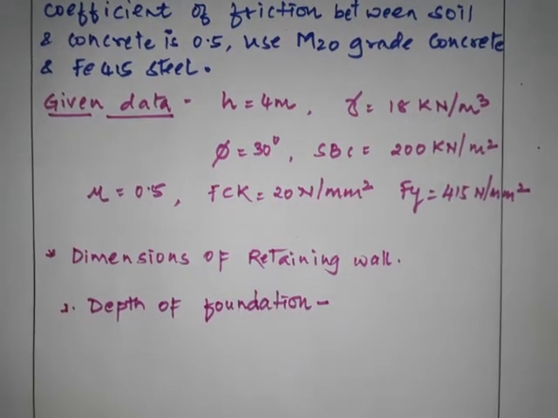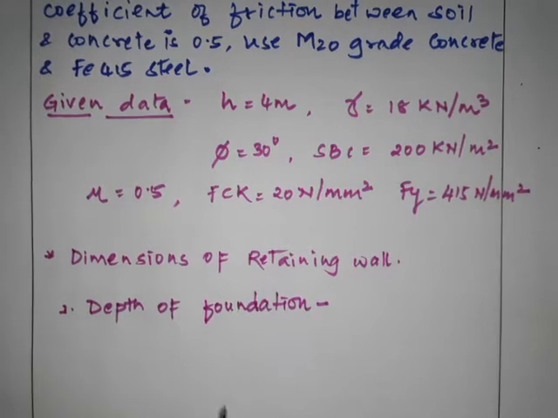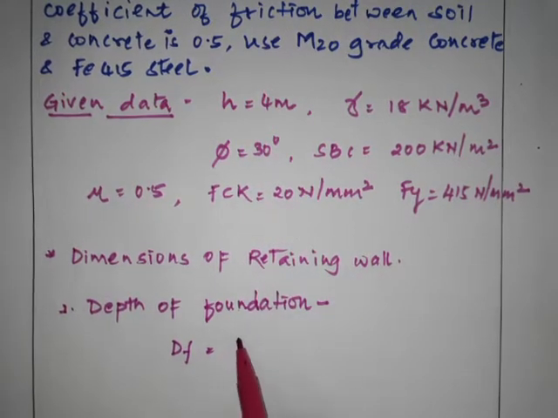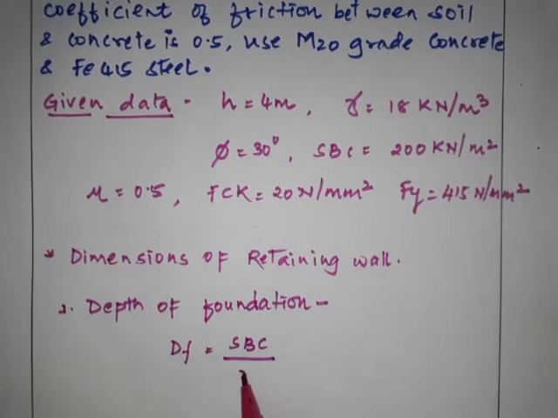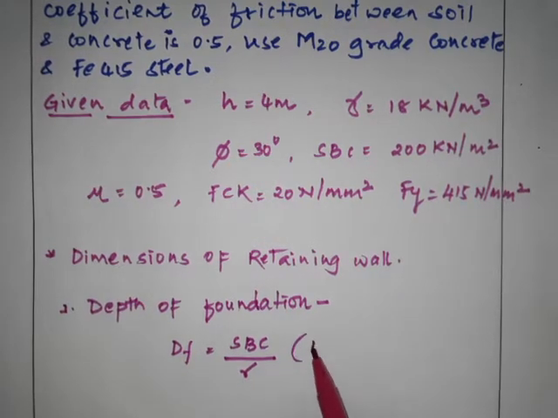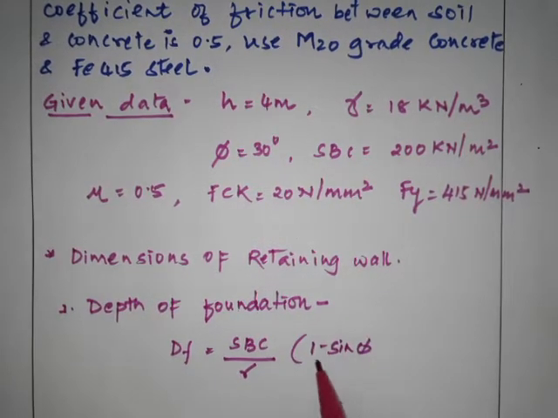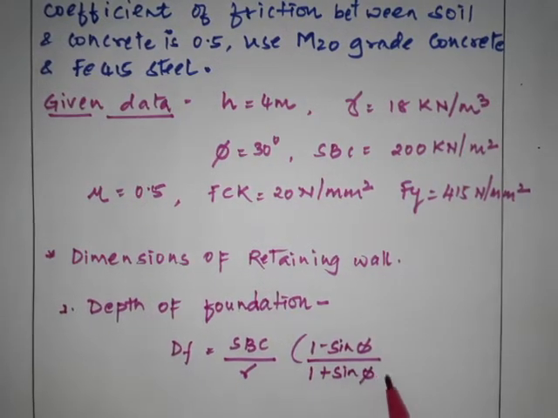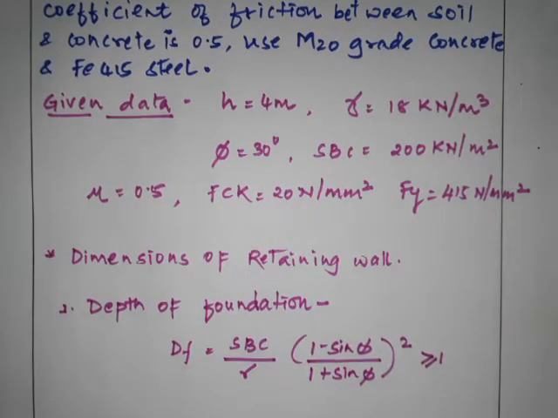By using Rankine's formula, you have to find out the depth of foundation: dF equals SBC divided by density gamma, into (1 minus sin phi divided by 1 plus sin phi) whole square, and this should be more than or equal to 1. The depth of foundation should be more than or equal to 1.